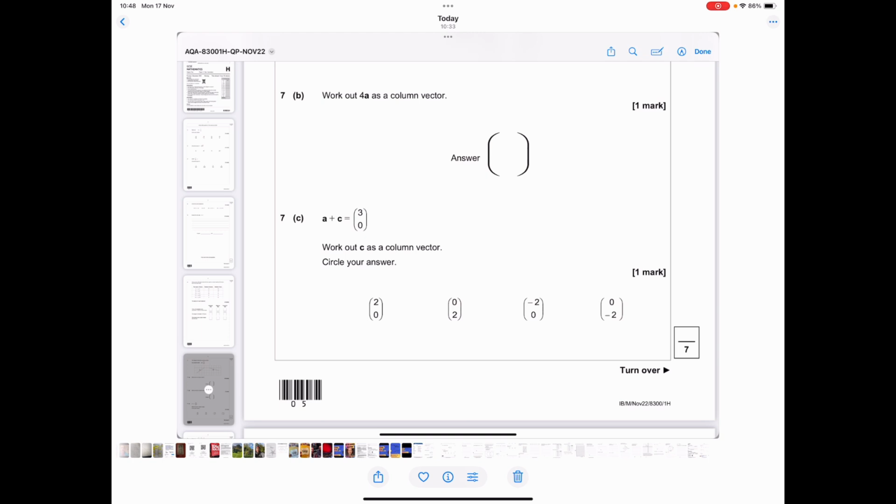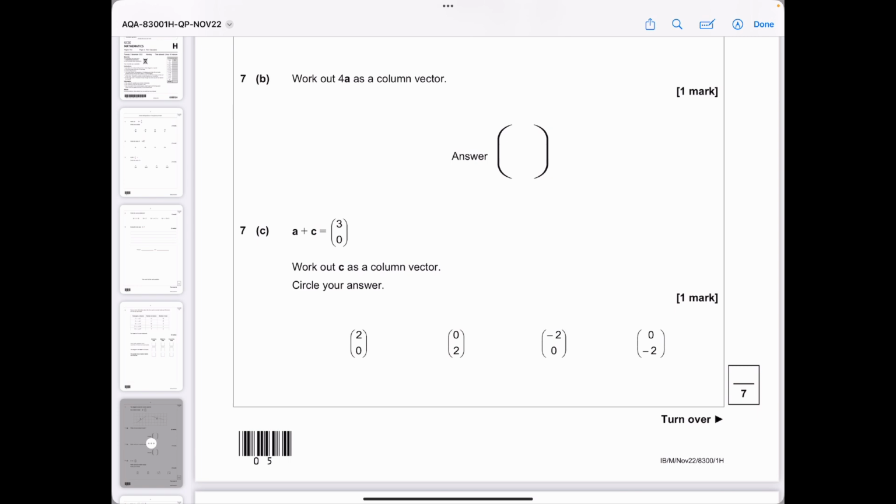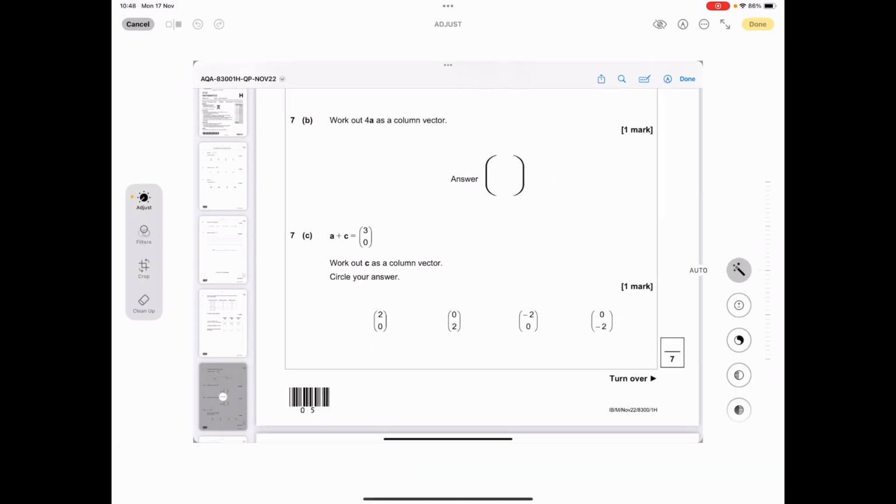Okay, and lastly, A plus C equals (3, 0).